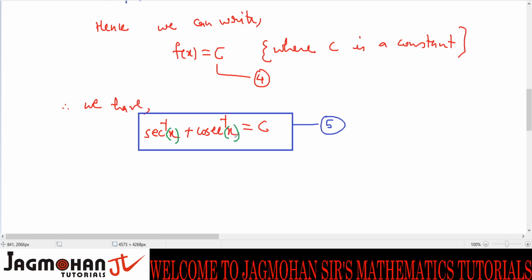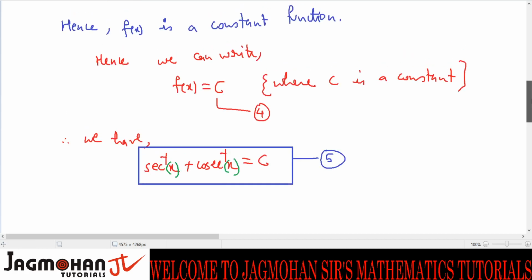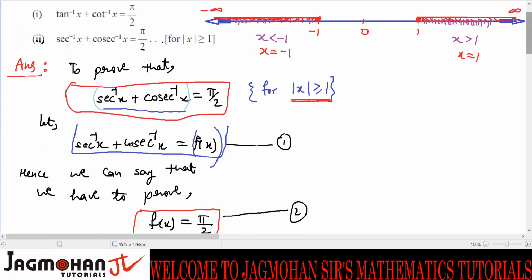Whichever x value you substitute, you may put x2, you may put x1, you may put x3, you may put x minus 4. It hardly matters. You can put whatever x value, this will always be a constant. So you can call that it is true for all x value in the given condition. Yes, you cannot put 0.